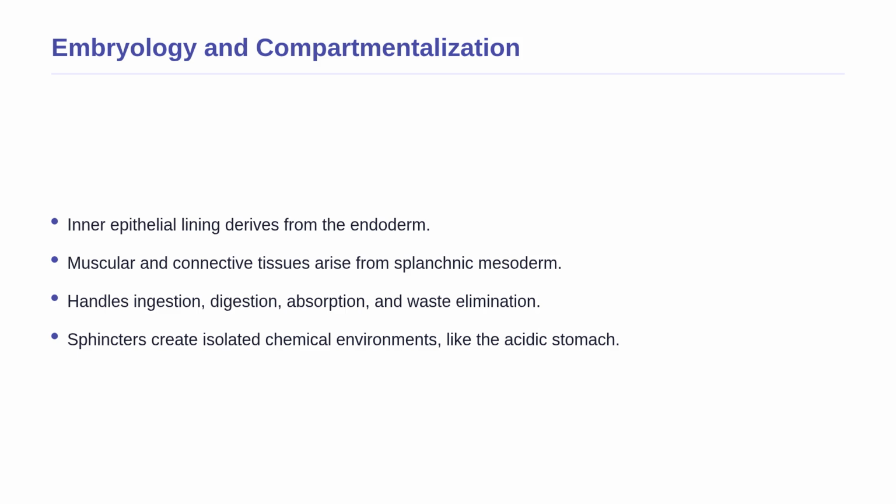But perhaps the most crucial feature is compartmentalization. Muscular valves called sphincters separate different regions. This allows a highly acidic stomach to safely empty into a basic intestine without damaging the organism. Without this specialized, compartmentalized tube, complex animals simply could not sustain their high metabolic rates.